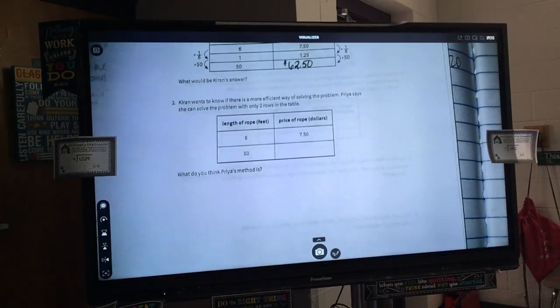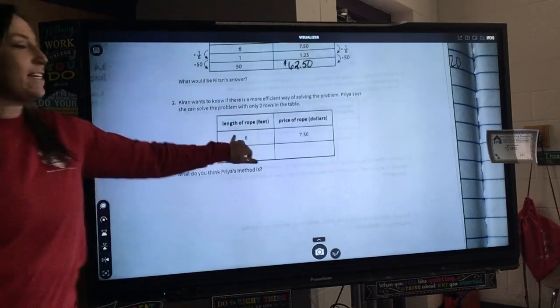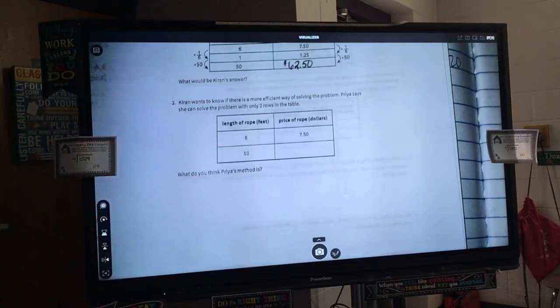What did you get? 8.3. Or 8 1/3, right? And then did you multiply 6 times 8 1/3? No, I multiplied 7.50 times 8.3. And you got a different answer than 62.50. Yeah, I got 62.25. So what you should have done is multiplied your 7.50 times that 8 1/3, and you end up with 62.50.